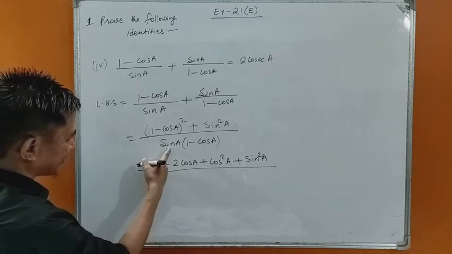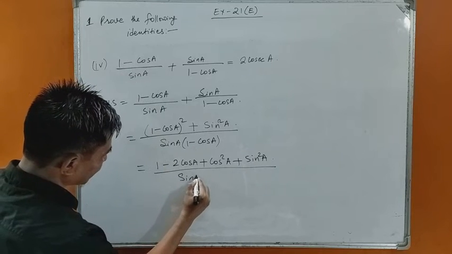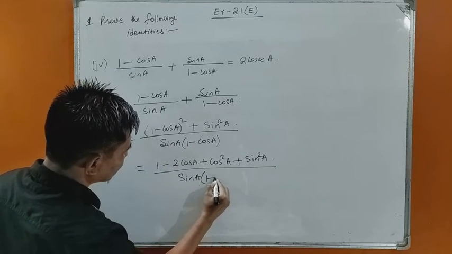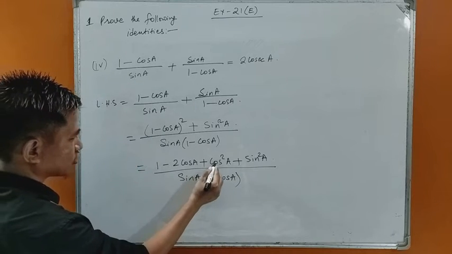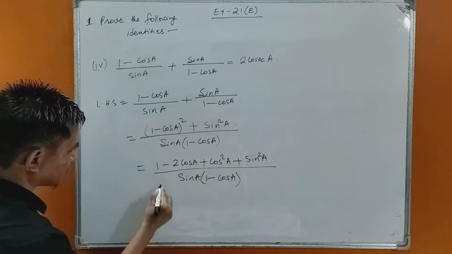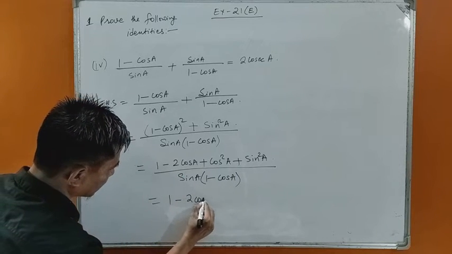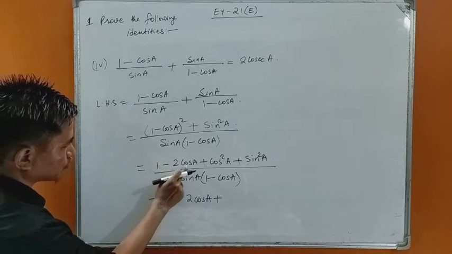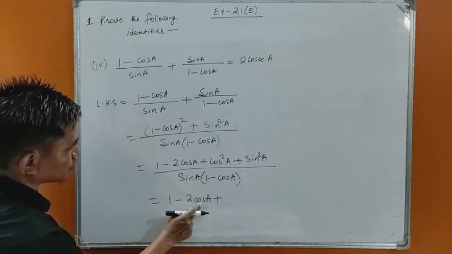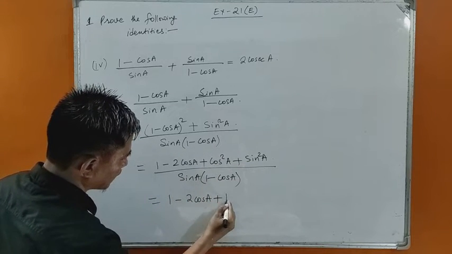So now we have in the denominator sin A into 1 minus cos A. Now this cos square A plus sin square A means 1, isn't it? So 1 minus 2 cos A plus cos square A plus sin square A is 1.